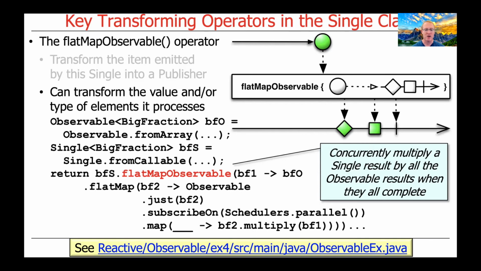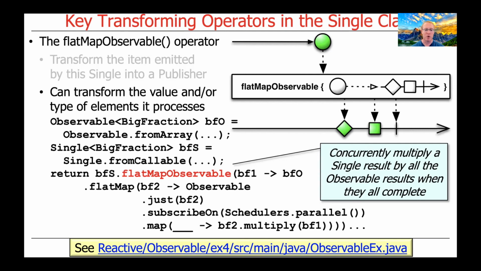So basically what happens here is we use the fromArray factory method operator to get ourselves an Observable of big fractions, which is a bunch of big fractions. Then we use the fromCallable operator to get ourselves a Single of a big fraction. Let's assume for the sake of argument that could be done asynchronously. And then when that asynchronous computation completes, we use flatMapObservable to take every one of the items emitted by the Observable, and we multiply each one by the item that was emitted by the Single.